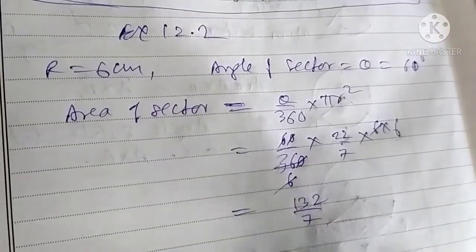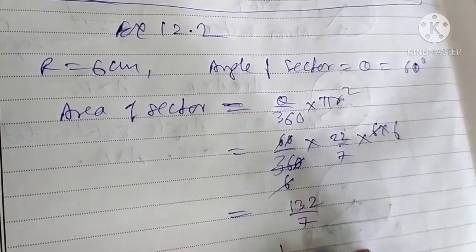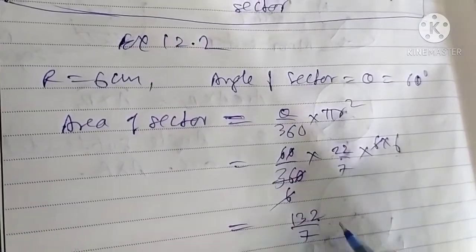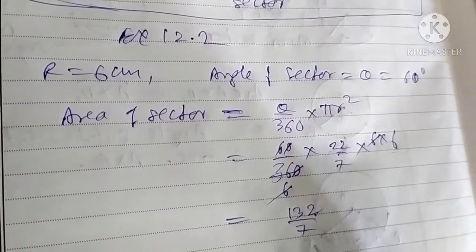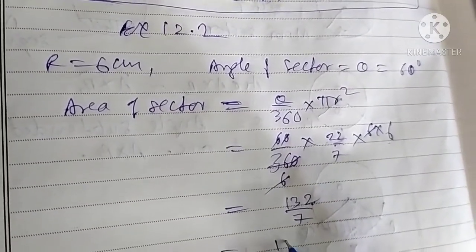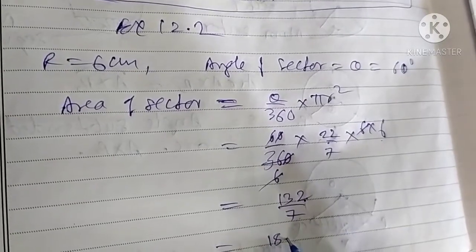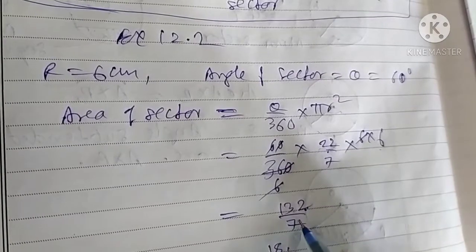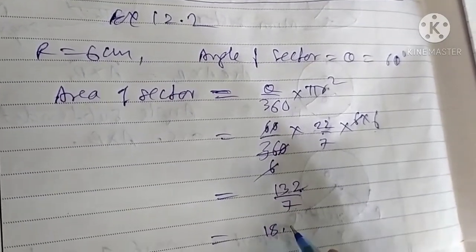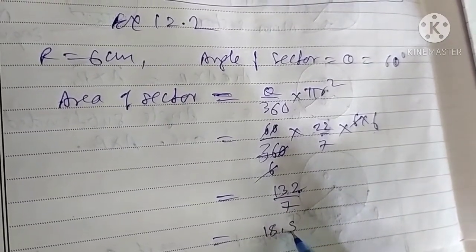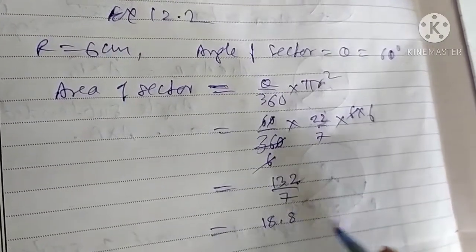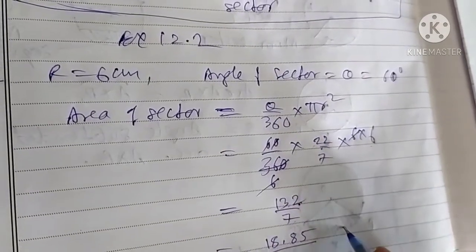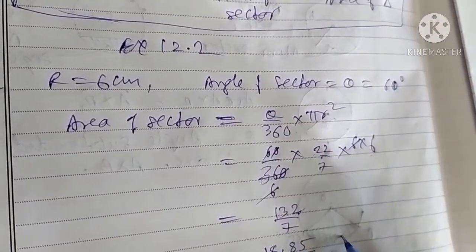Now do the division: 7 8s are 56, so 62 minus 56 leaves 6, bring down a zero, 7 8s are 56, again 4, 7 5s are 35, up to 2 places: 18.85 square centimeter.